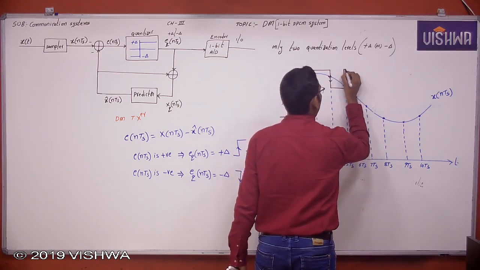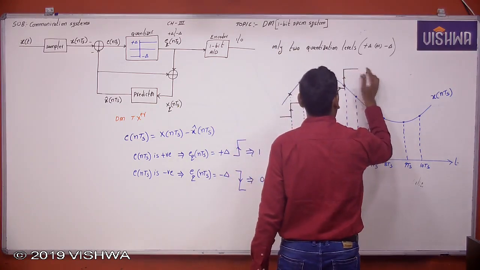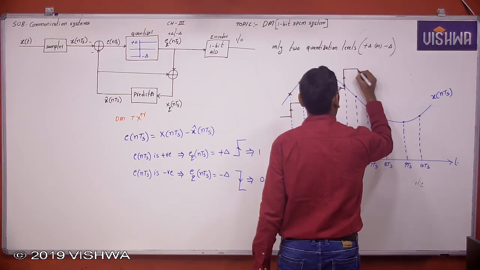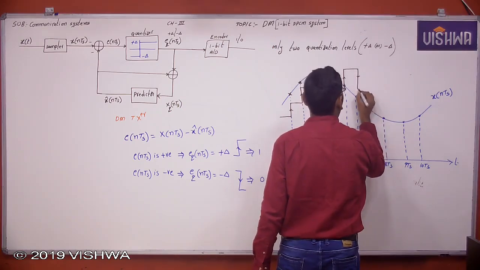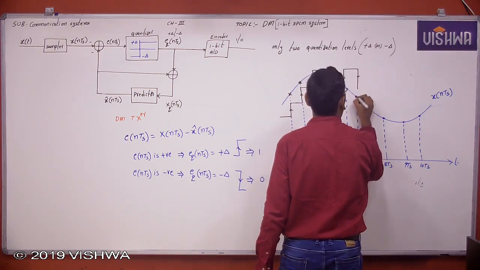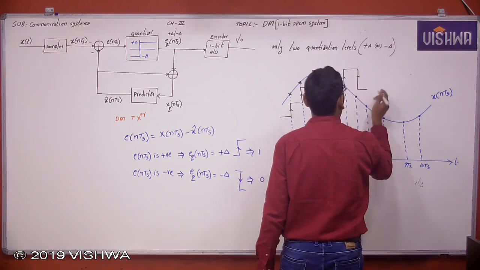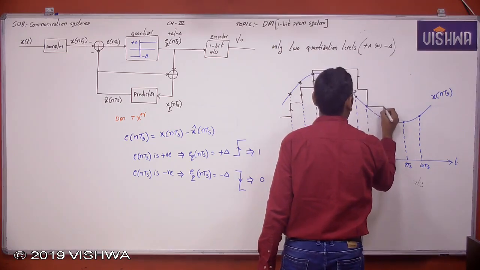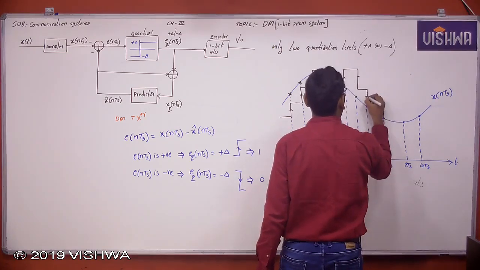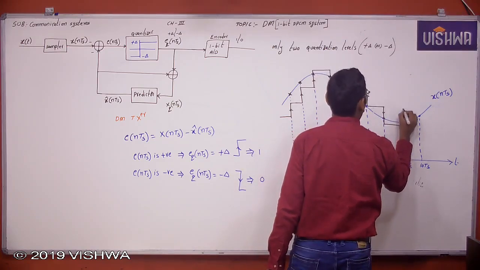Again, this is more than the required signal, so at this instant this is decremented. Now again decremented. Like this. Again this is incremented.